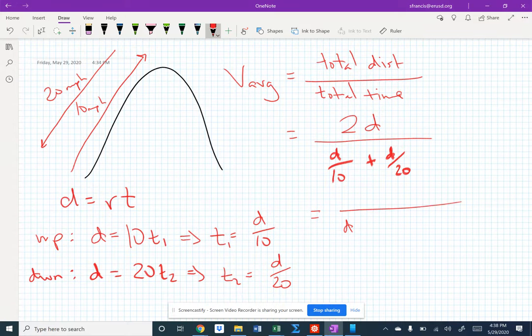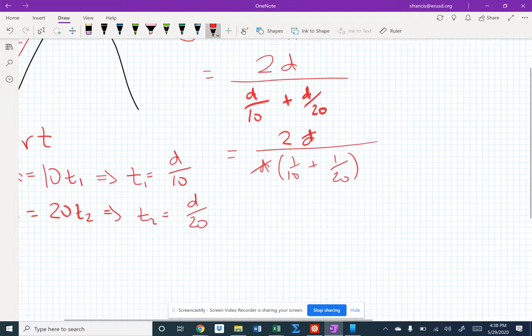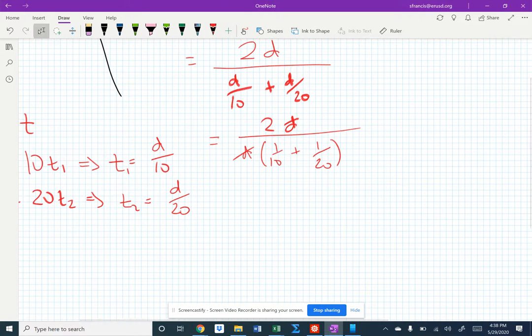And then I'm just going to have a 10th plus a 20th over here, and I still have that 2d on top, and of course these d's are going to cancel, okay? So the answer to the question is 2 divided by 1/10 plus 1/20th.